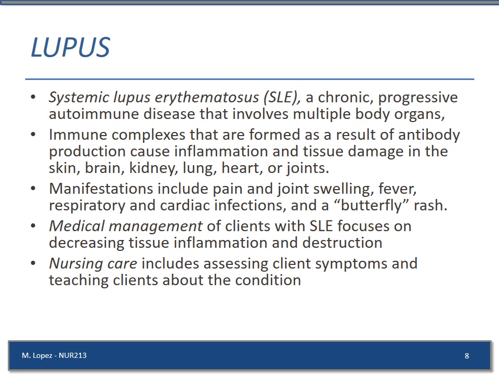Now it's important to note that NSAIDs are prescribed for muscle and joint pain, and corticosteroids are also used for immunosuppression. There are other meds too, and we can identify some of them in class. Be prepared for class to discuss the nursing management of patients with lupus.